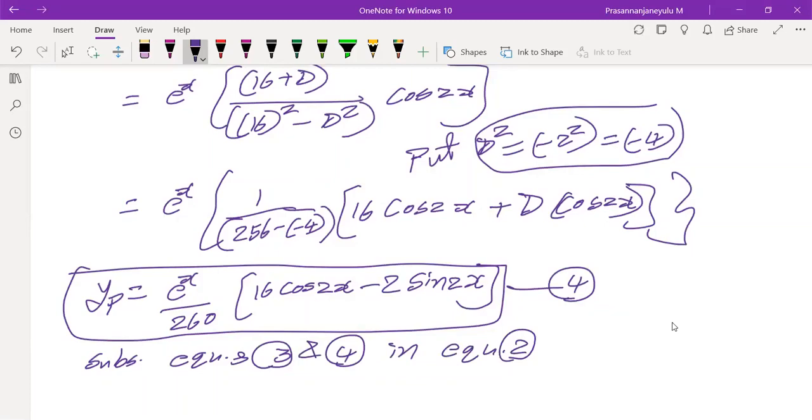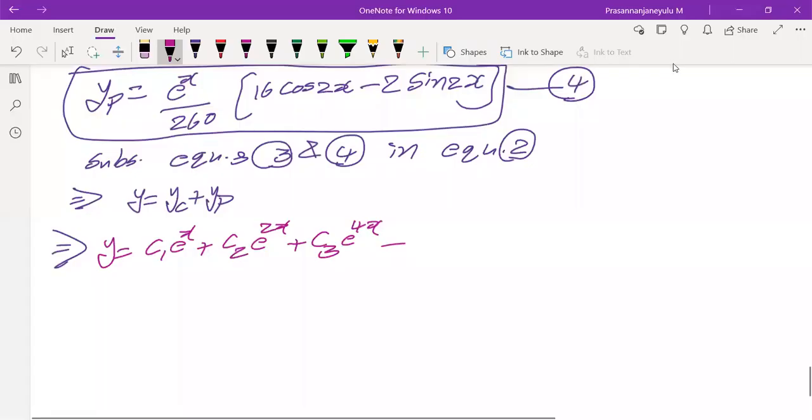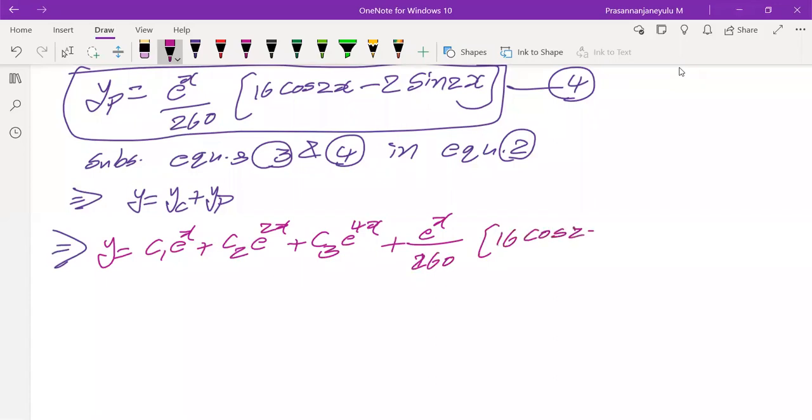Therefore, y equals to c1 e power x plus c2 e power x plus c3 e power 4x plus yp. Yp is e power x by 260 into 16 cos 2x minus 2 sin 2x, which is the general solution of Q and D.